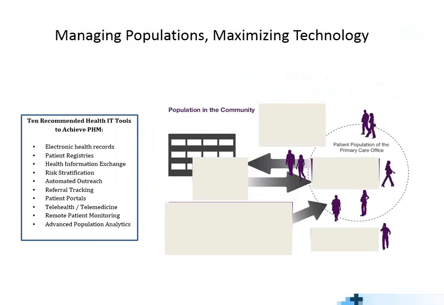If you look at the 10 recommended healthcare IT technologies listed in the publication, you can break it down into several different areas. One is within the practice: having an electronic medical record and the clinical decision support required, along with a patient-centered registry to capture patient information and provide analytics on top of that information to make better decisions.